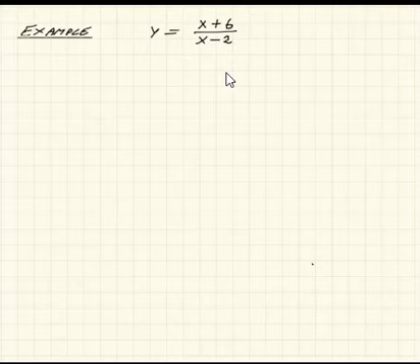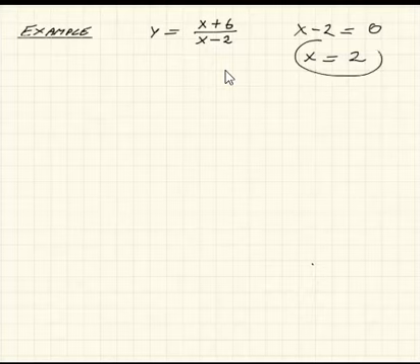So that's how we find out where the asymptote is in this case. So x minus 2 is, sorry, is 0, which means x equals 2. And it's as simple as that for finding the asymptote. When x is 2, the value under the line is 0, therefore y itself is undefined.